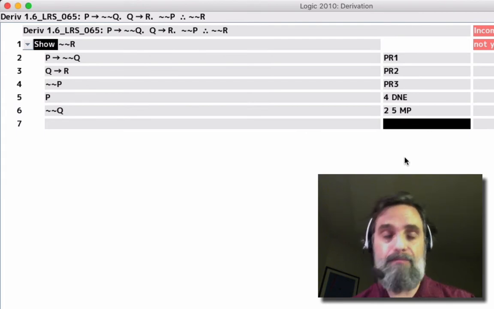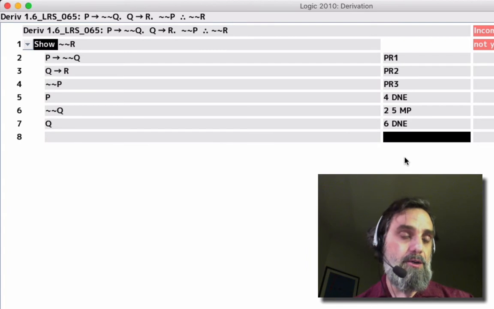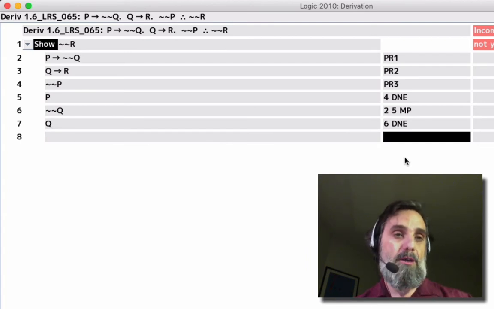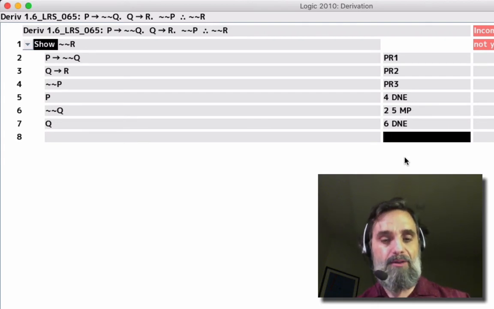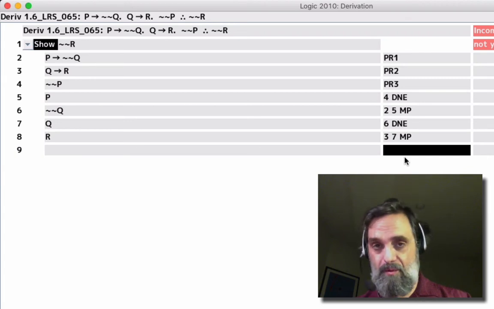That's the antecedent. Do we have Q? We don't. But we do have negation Q. So we can take those two negations off with double negation elimination again, and get Q, and now using 3 and 7, we can do modus ponens because line 7 is the antecedent of line 3, so 3, 7, MP. Now we have R. So we're moving forward.